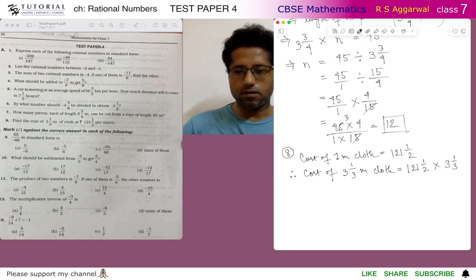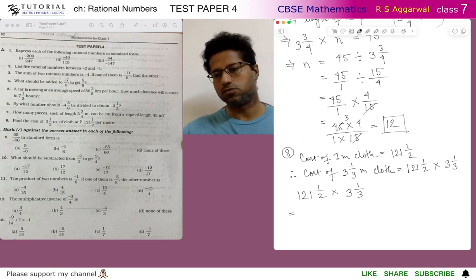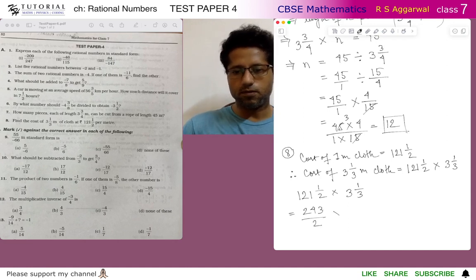So let's find. We have to evaluate 121 and a half multiplied by 3 and 1 by 3. First we have to convert the mixed fractions to improper fractions, and we get 243 by 2 multiplied by 10 by 3.